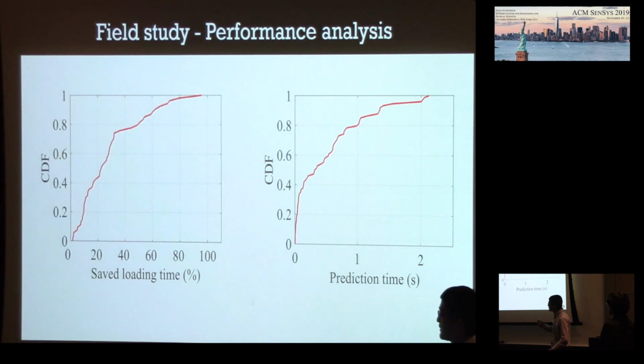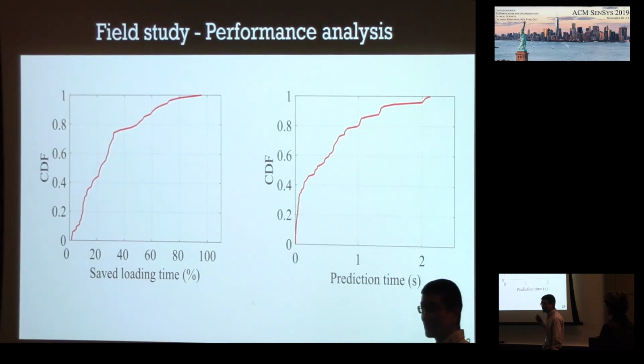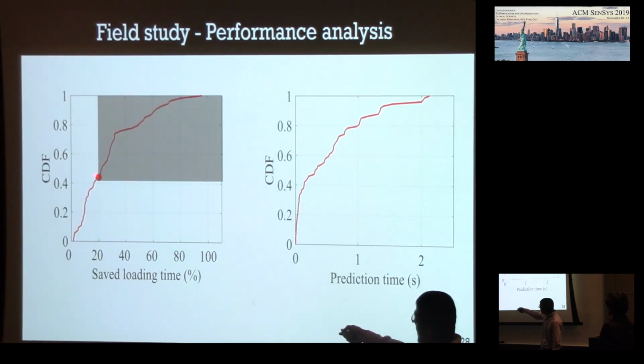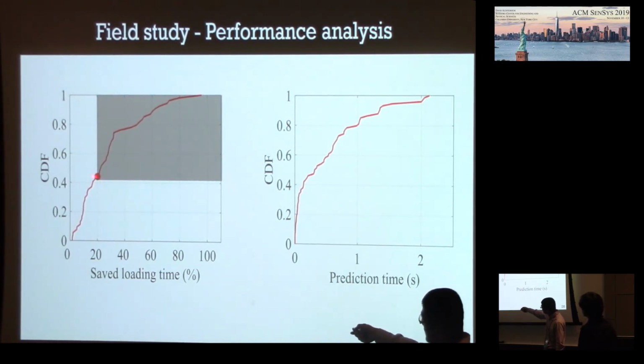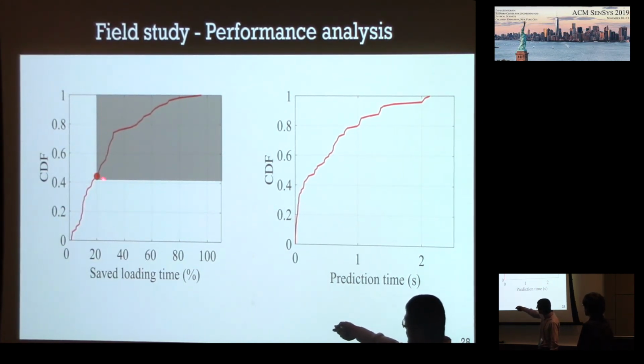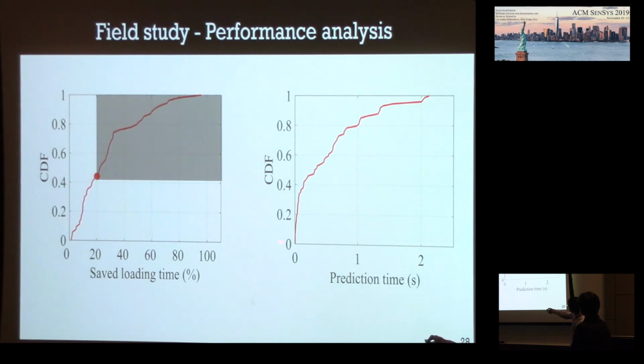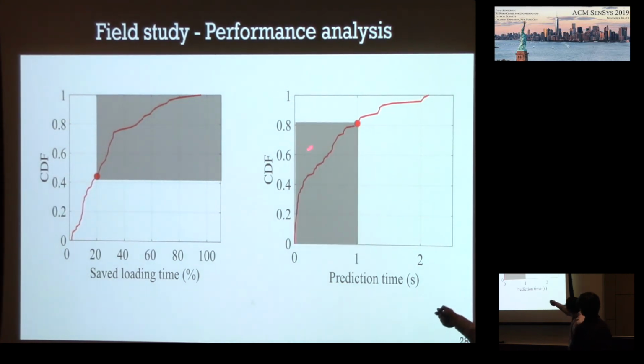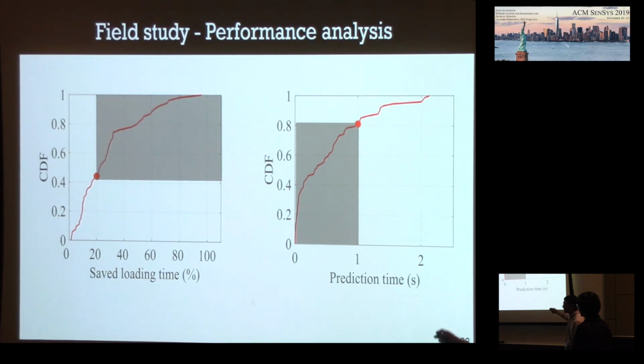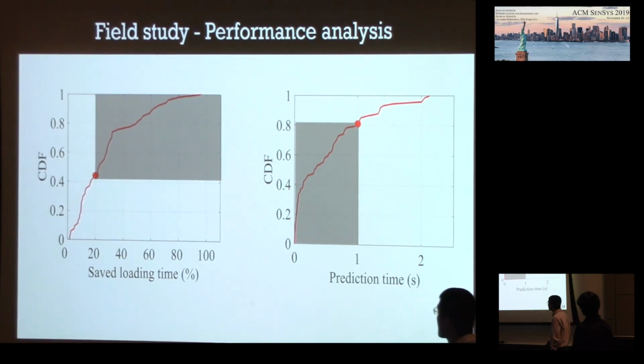Here I show the results of the loading time saving. We can see that in more than half of the cases, we can save the loading time by more than 20%. This figure is the prediction time. We can make more than 80% of the predictions within 1 second.